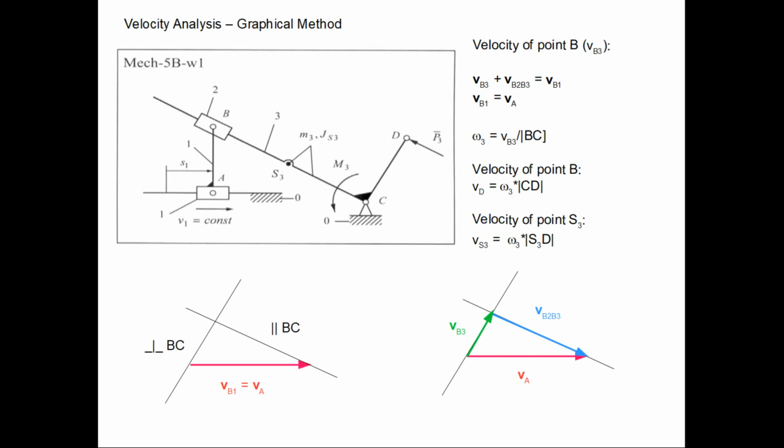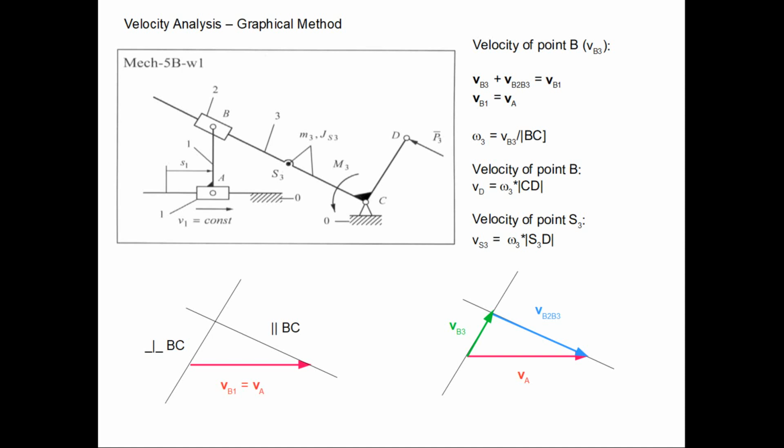First, the rotation of rod 3, and the translation of slider 2 with respect to rod 3. Therefore, the velocity of point B will be a sum of two velocities.